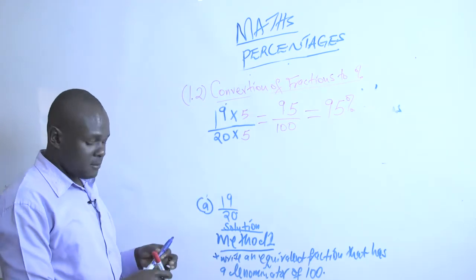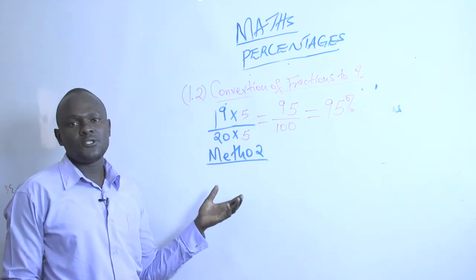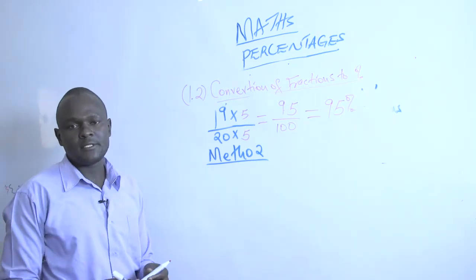If we apply the second method, we basically multiply the given fraction directly by 100%.